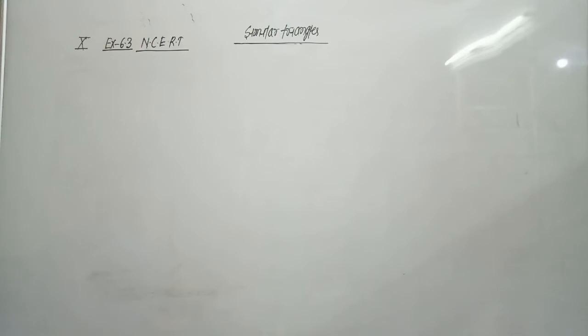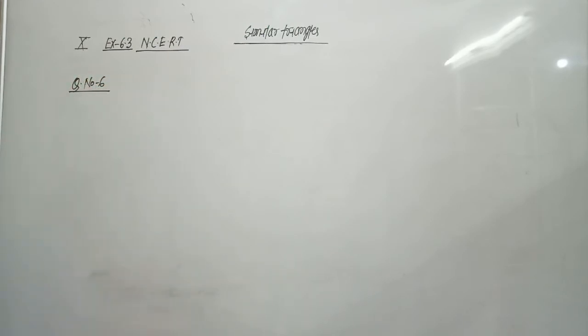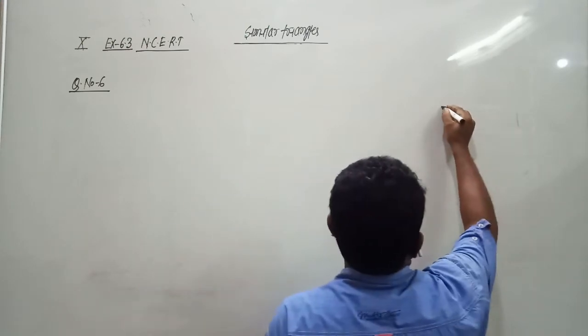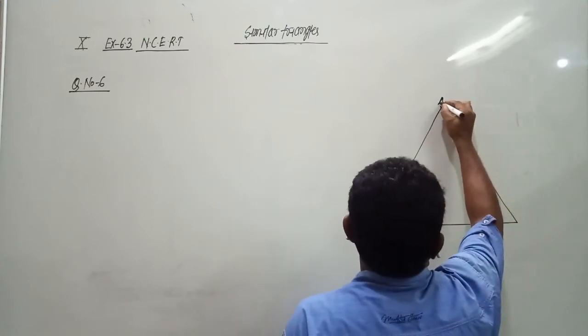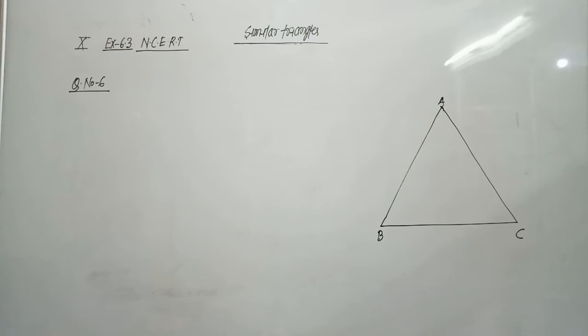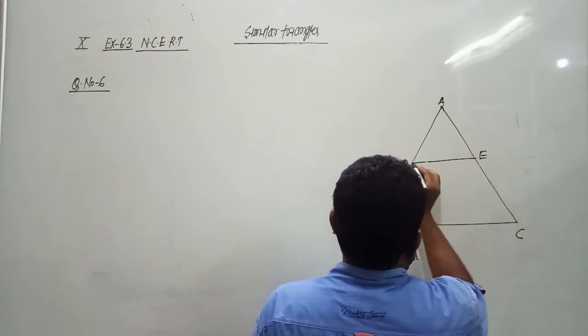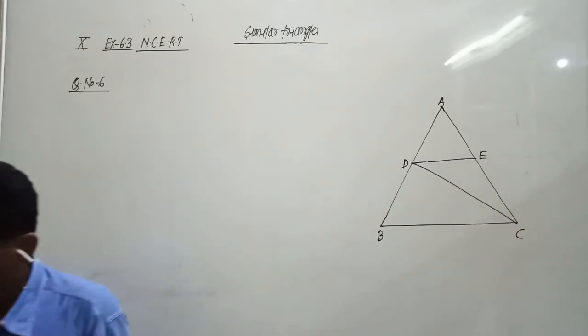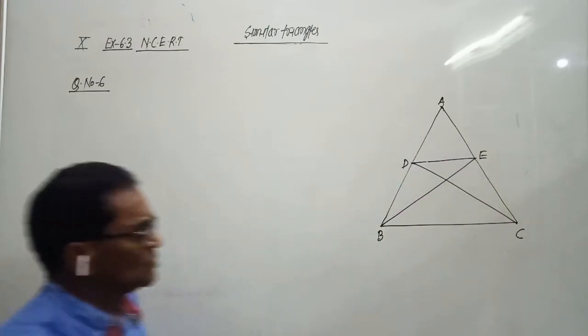In figure, we are given triangle ABC, and there are two points D and E. D is joined to C, and E is joined to B.